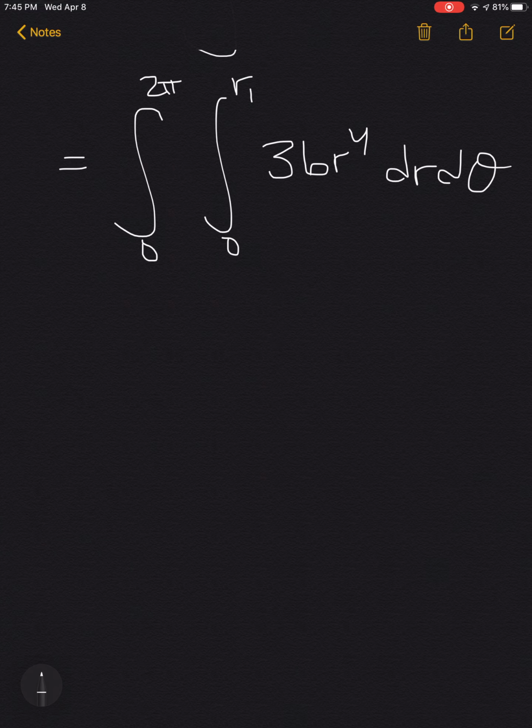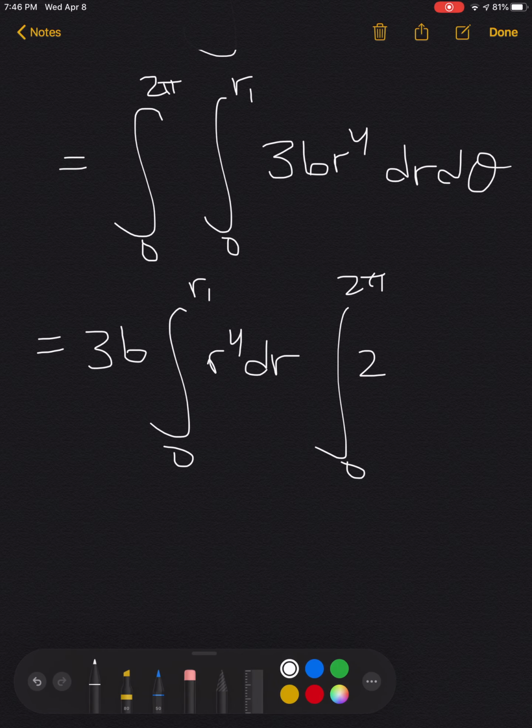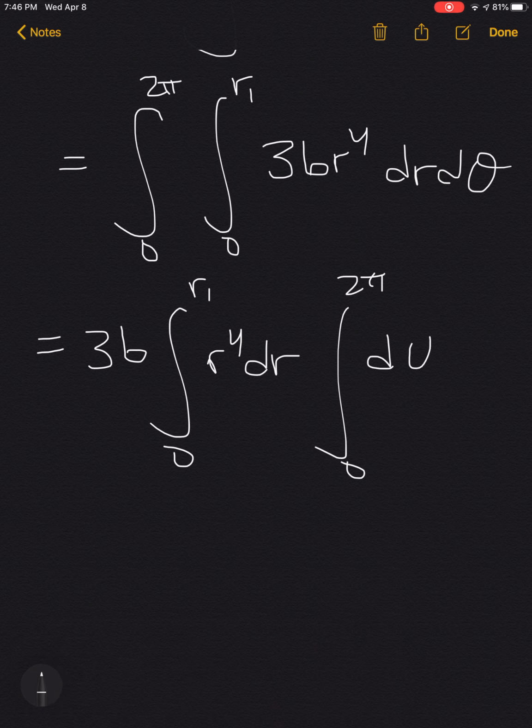Okay, now we want to make this simpler to solve. Let's bring the constants out. That's 3b. Let's bring all the integrals into the appropriate integrations. So this is r to the fourth dr. And there's no harm in going from 0 to 2 pi, this is d theta.